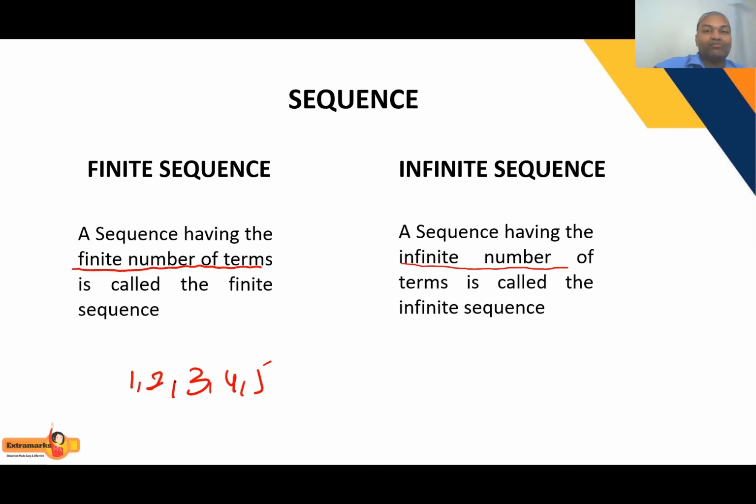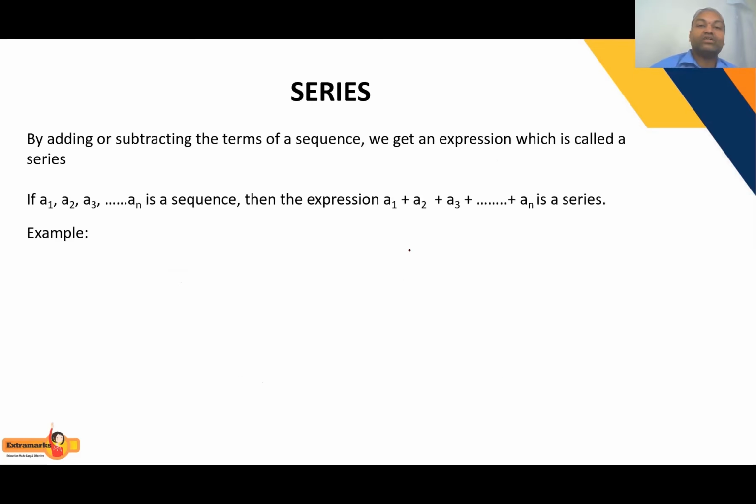That is a finite number of terms. So a sequence having a finite number of terms is called a finite sequence. Suppose if I write like this, 1, 2, 3, 4, 5, so on. See here, so on. We don't know the last term. So that sequence is called an infinite sequence. Right. Now let us come to the next one, that is called series. Series means what?